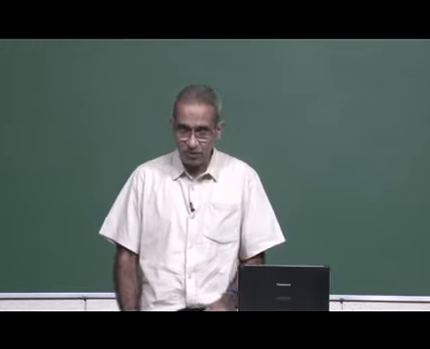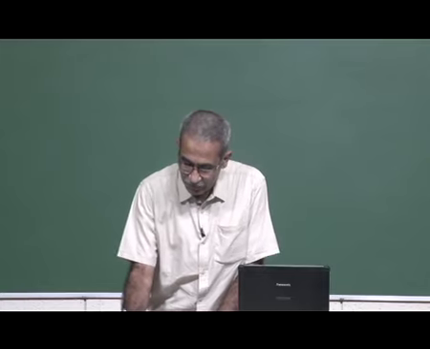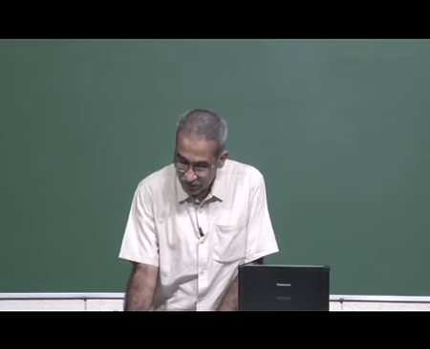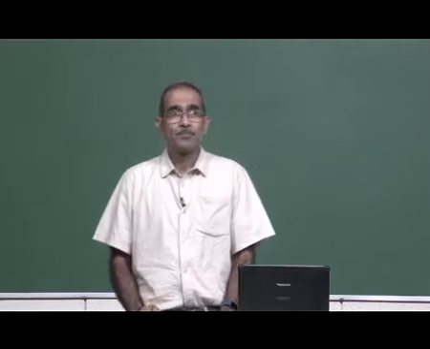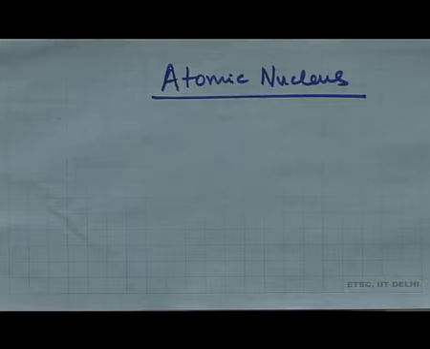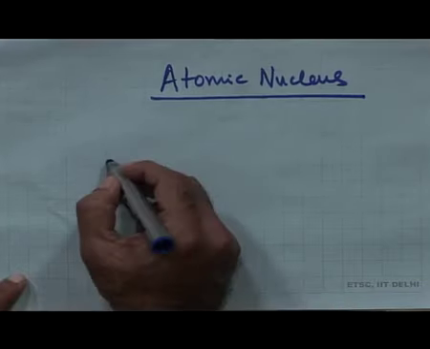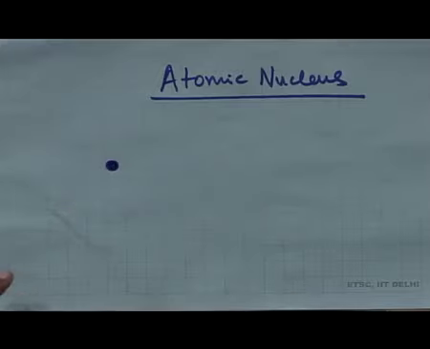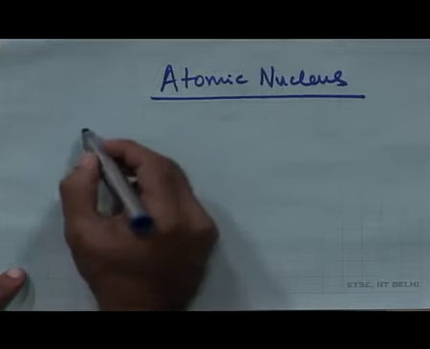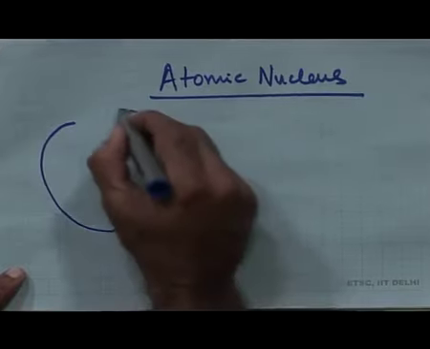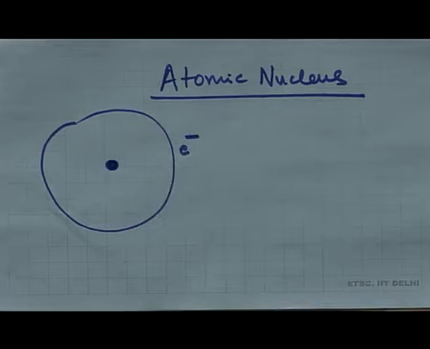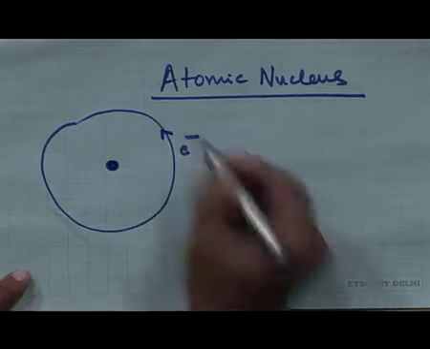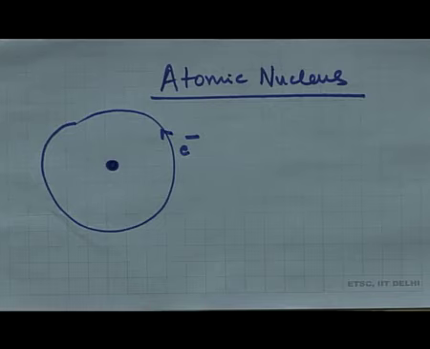So, we are now going to study the properties of the atomic nucleus. Remember what Rutherford showed us was that there is a central region where most of the mass is distributed, and if you look at the hydrogen atom, for example, the electron is orbiting in a circular orbit.